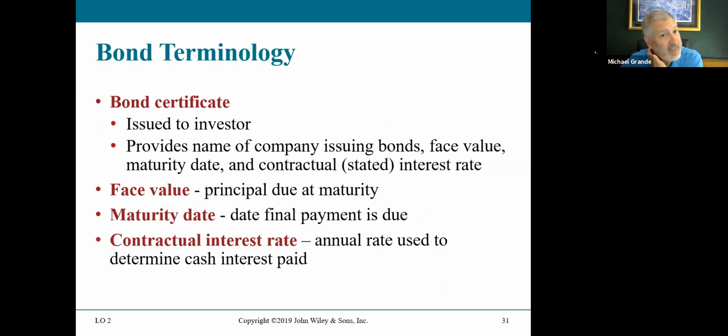A bond certificate is kind of like a promissory note. A bond certificate is issued to the investor, and provides for the name, face value, maturity date, contractual or stated interest rate, etc. The contractual interest rate is the annual rate used to determine the cash interest paid.